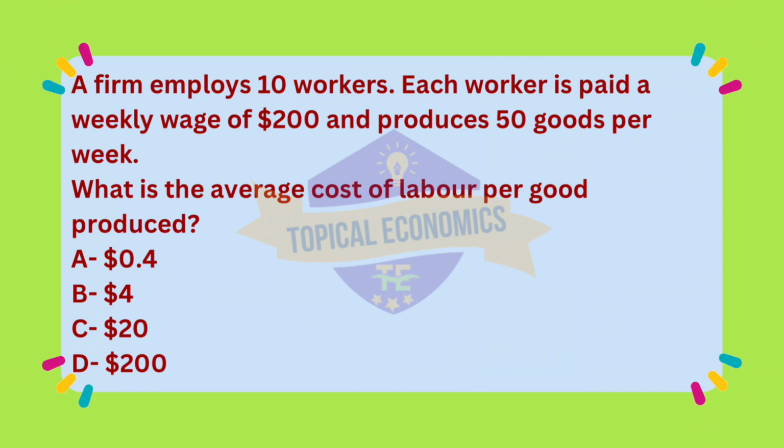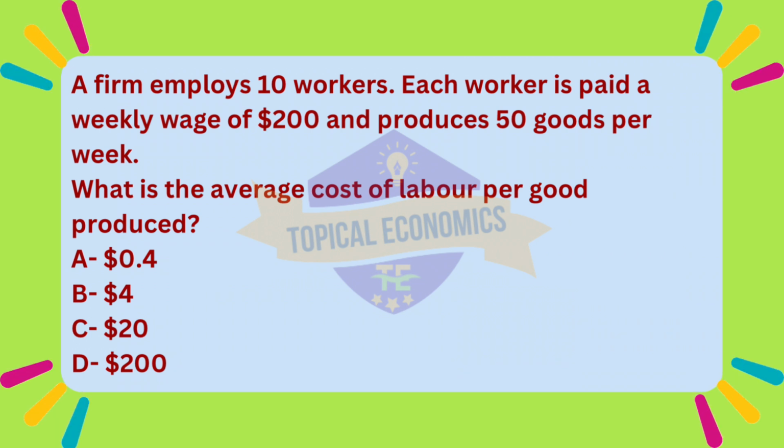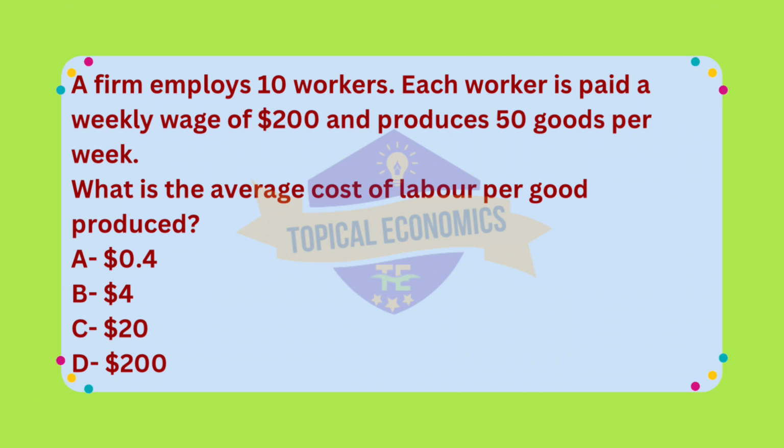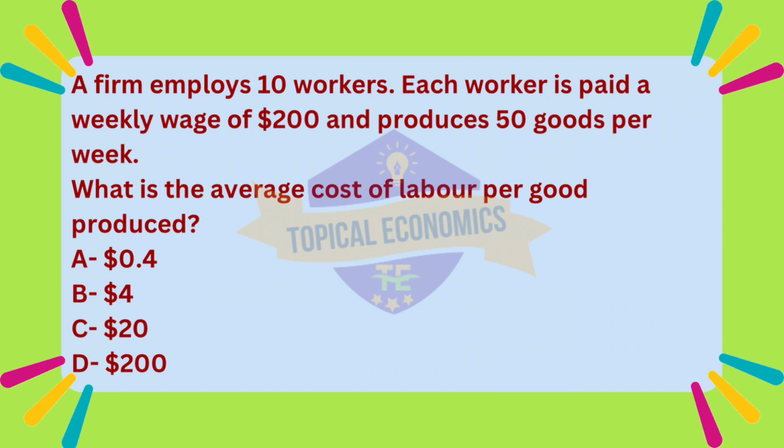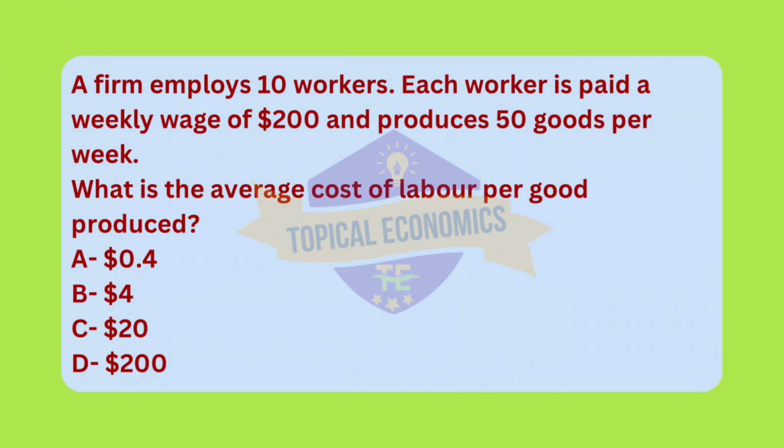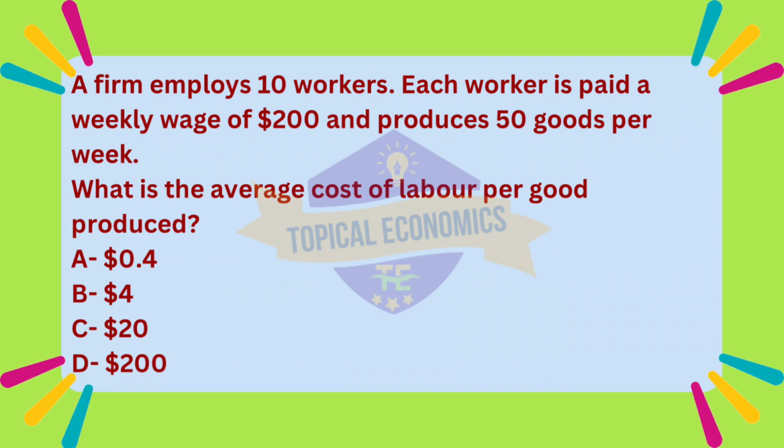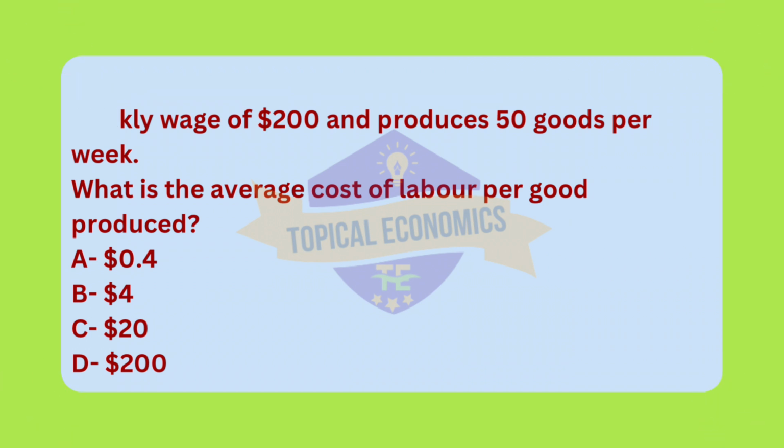Each worker produces 50 goods per week, so the total number of goods produced is 10 workers times 50 goods per worker, resulting in 500 goods per week. To find the average cost of labor per good, we divide the total labor cost by the total number of goods produced, $2,000 divided by 500 goods, which equals $4. Therefore, the average cost of labor per good produced is $4, making B, which is $4, the correct answer.